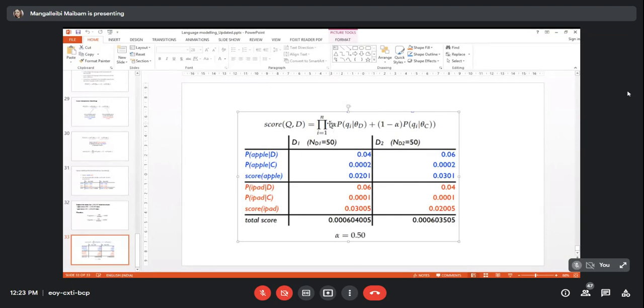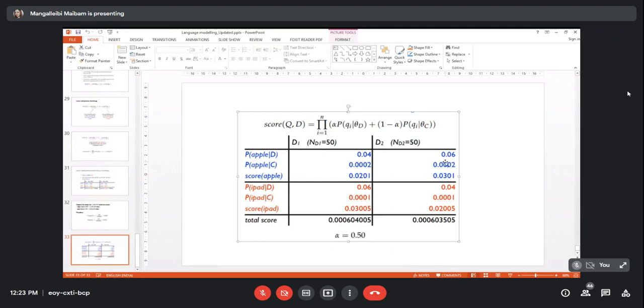So you multiply the alpha value 0.50 with the probability value 0.04, plus 1 minus alpha, which is 0.50, into the probability for the query in the entire collection, that is, the probability of apple in the entire collection, 0.0002. When you calculate this, we get 0.0201.